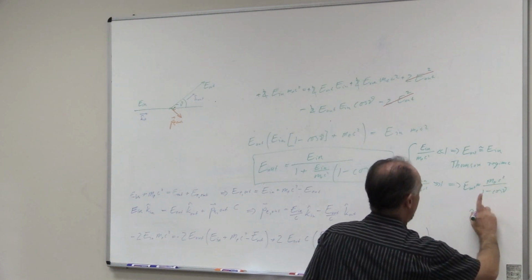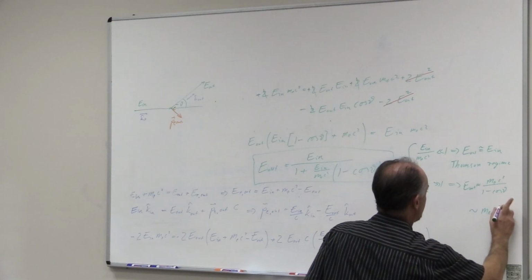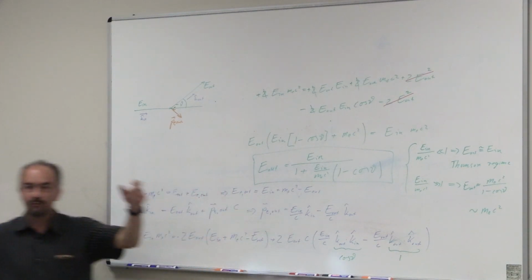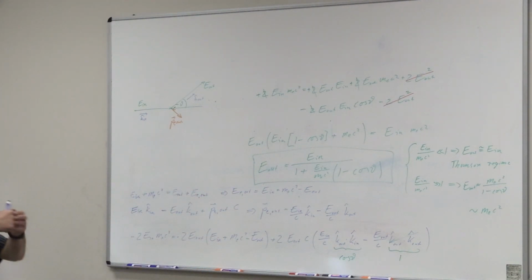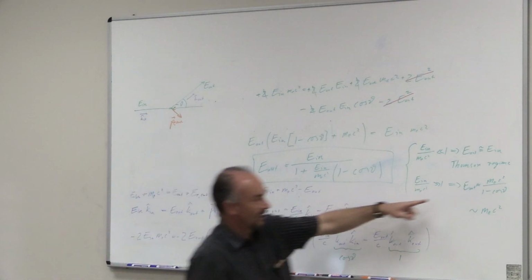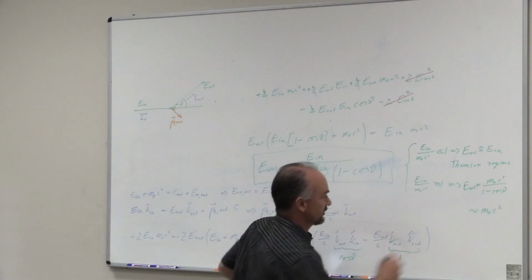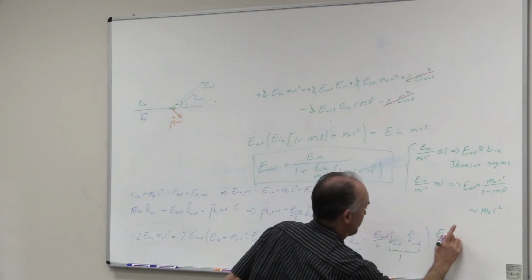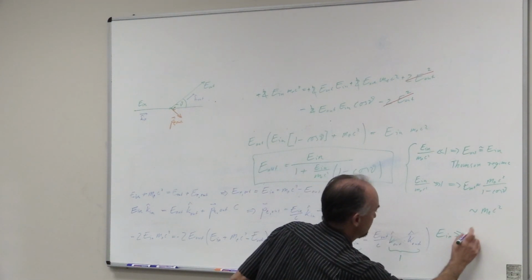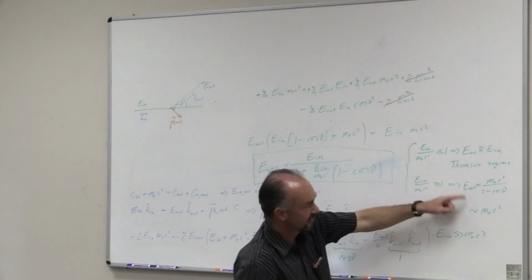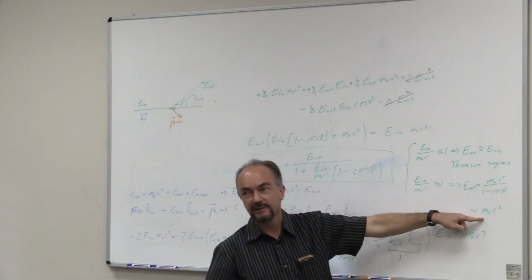So it's of the order of mec squared. So if the photon comes in with an energy that's way larger than the rest mass energy of the electron, it comes out with an energy that is about just 1 mec squared.